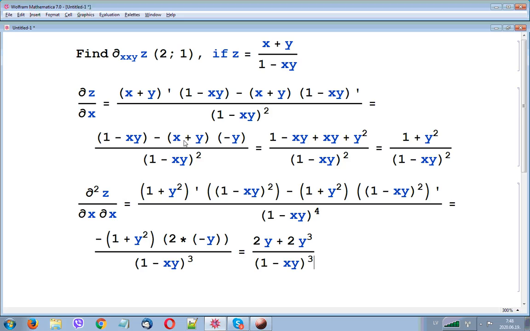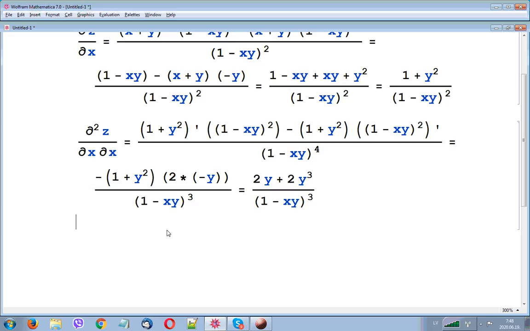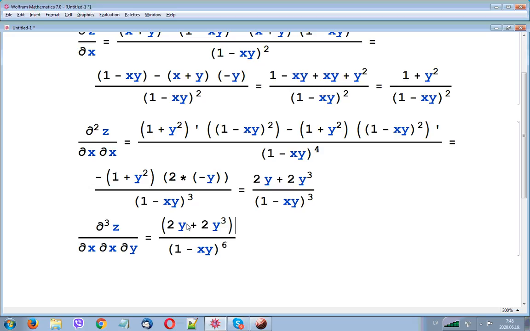And now you see we have to find the next derivative by y, so we need to take this and derive it by y. So we will find the third derivative, and the next derivative here will be by y. So we have to derive these guys, and again we will have to apply the quotient rule, and let us apply this. So here we can have this one to the power of 6, and now this one will be derived by y.